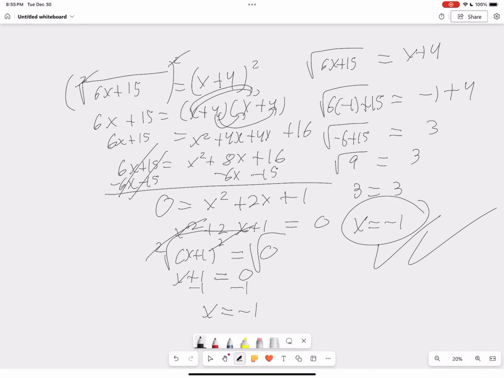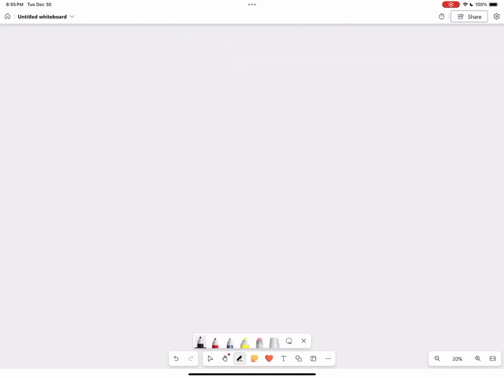So let's try this one. 45 equals 5 times the square root of 3p. The first thing we're going to do is divide, because it's 5 times the square root of 3p. So we divide 45 by 5, which is 9. So 9 equals the square root of 3p.